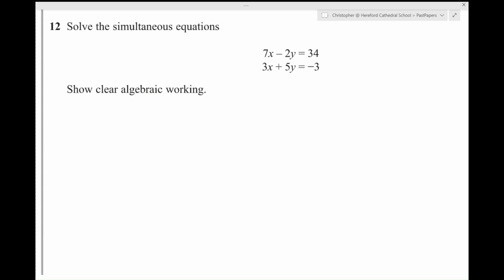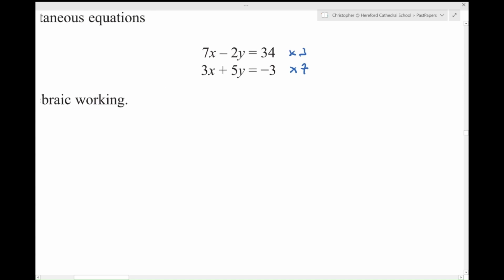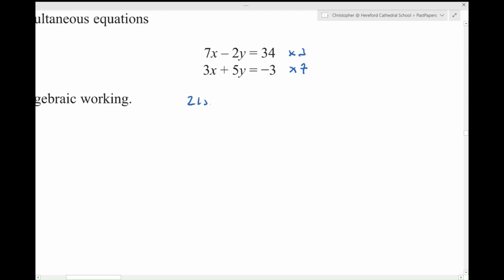Question 12, simultaneous equations. Right, I'm going to start by making the coefficients on the x's equal. So I'm going to multiply this top equation by 3, this bottom equation by 7, and then I'm going to subtract the equations. So top equation multiplied by 3 gives me 21x minus 6y equals 102. And the bottom equation multiplied by 7 gives me 21x plus 35y equals minus 21.